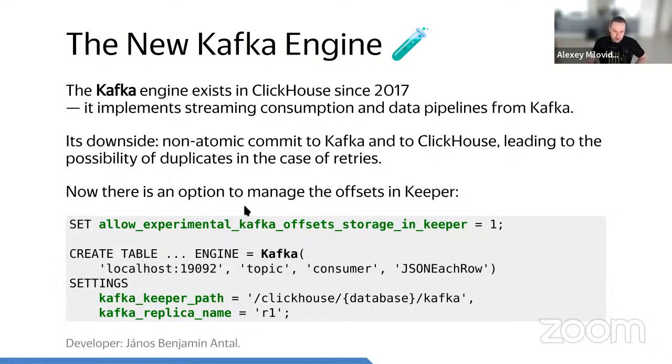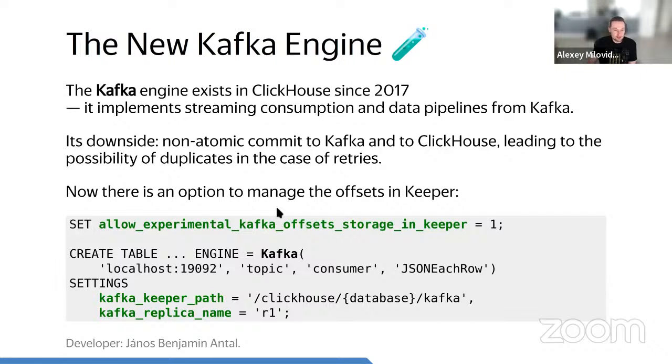It is possible to not use Kafka to manage offsets. Instead, we will consume data from Kafka, but not tell Kafka that we consumed this data. We will manage offsets on our own in ClickHouse Keeper. And as we do everything by ourselves, it allows us to control this process precisely.